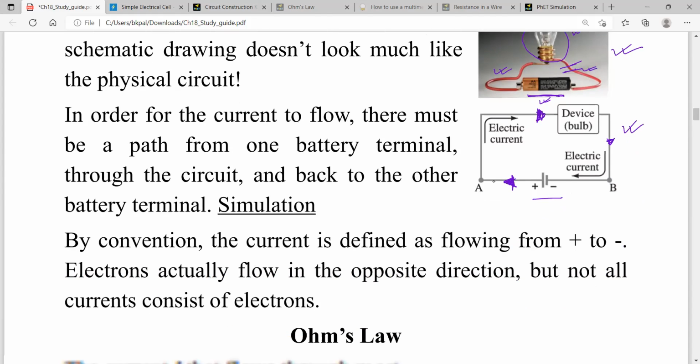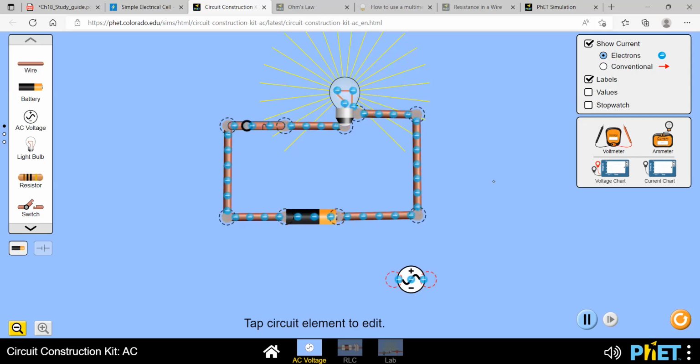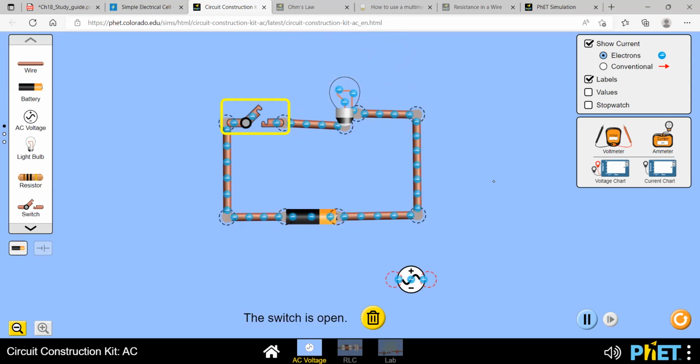All right, so let me show you a circuit simulation. Here you see that we have a battery. When the switch is not closed, you know that it is not a complete circuit, because electrons or the charge cannot flow.